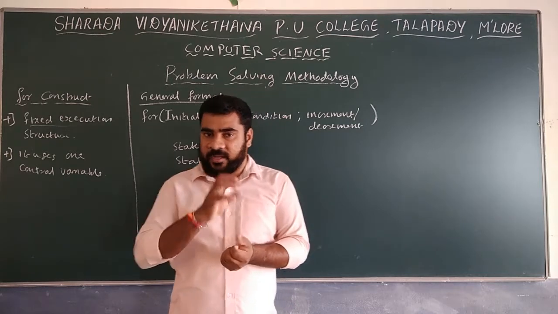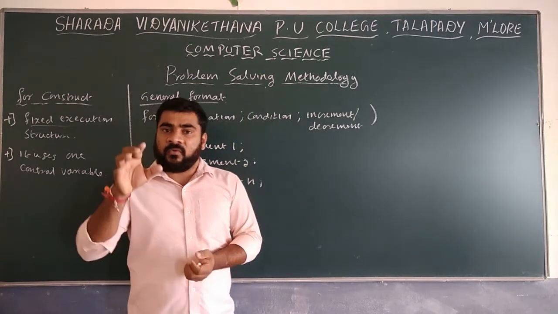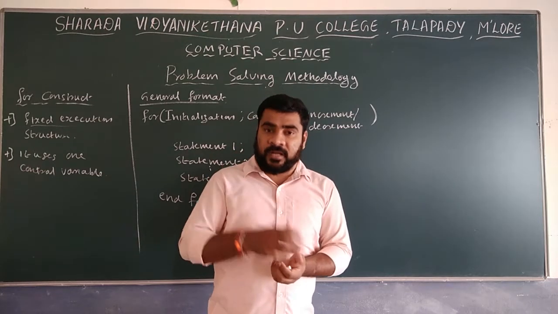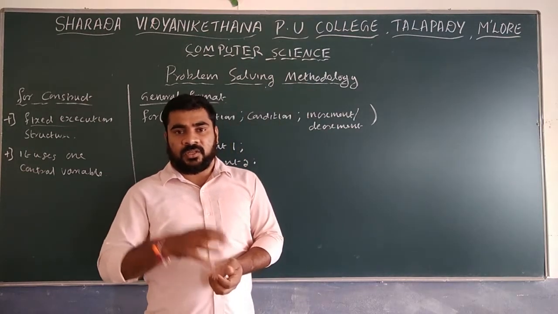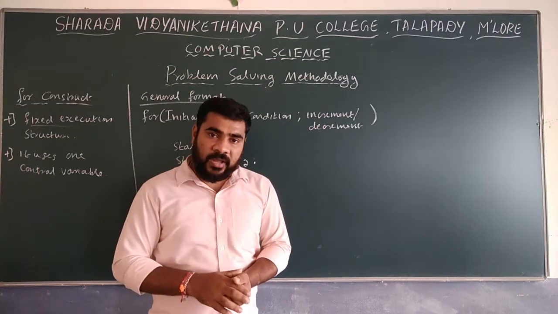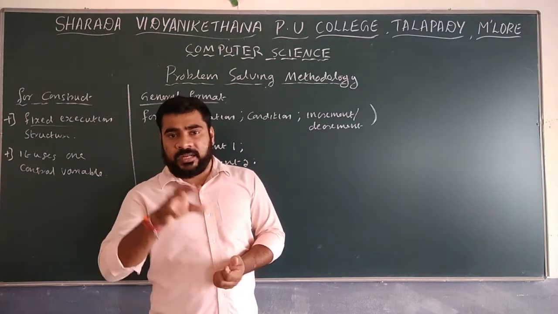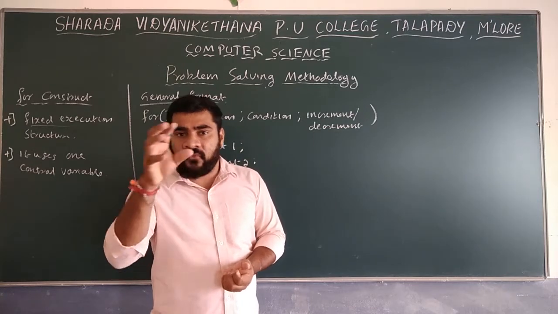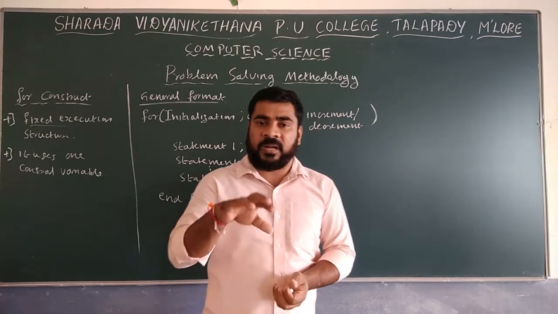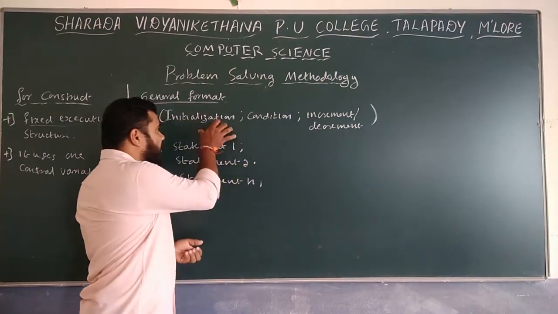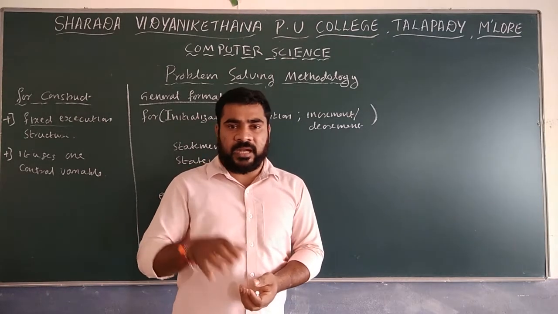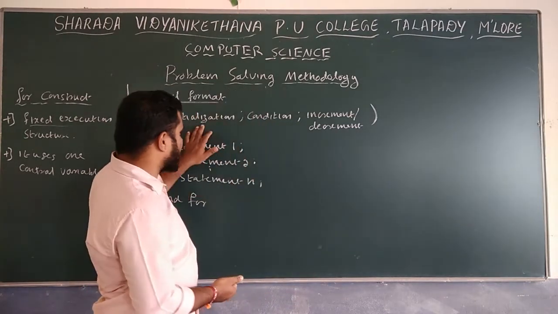We have to assign a first value. If you want to repeat the loop 20 times, it can be 1 to 20 or 0 to 19. So the initial value will be 1, then the final value will be 20. The first or initial value is given to the variable. That is known as initialization.